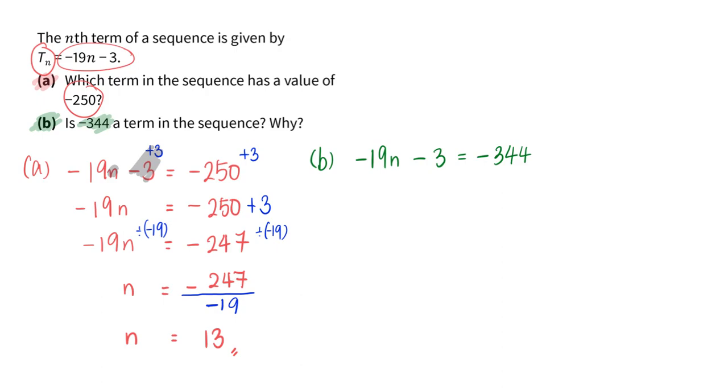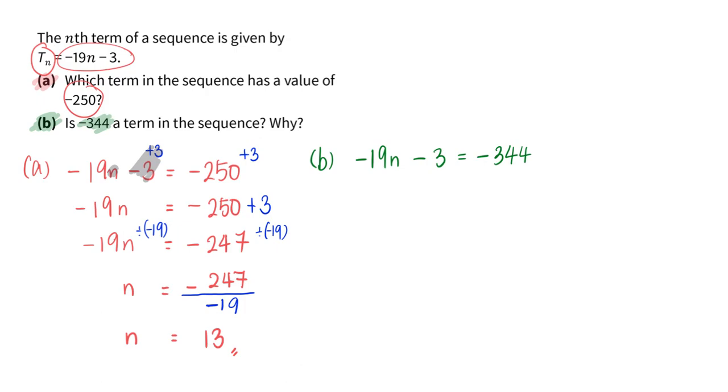Okay? So the rule is that if n is representing any position in a term, if this negative 344 is indeed a number in this sequence, the n should be a positive integer. Okay?